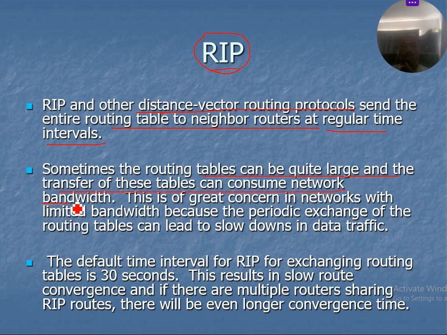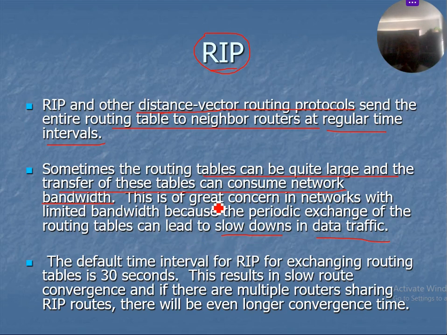Hence there will be issues like lag, delay, longer convergence time, and so on. There are many other problems: limited bandwidth, slow network, data traffic, and errors resulting from that. System reliability will be low because of these kinds of problems.